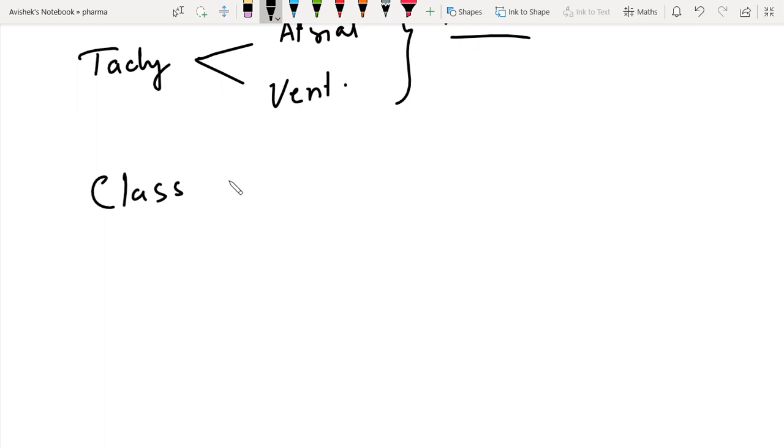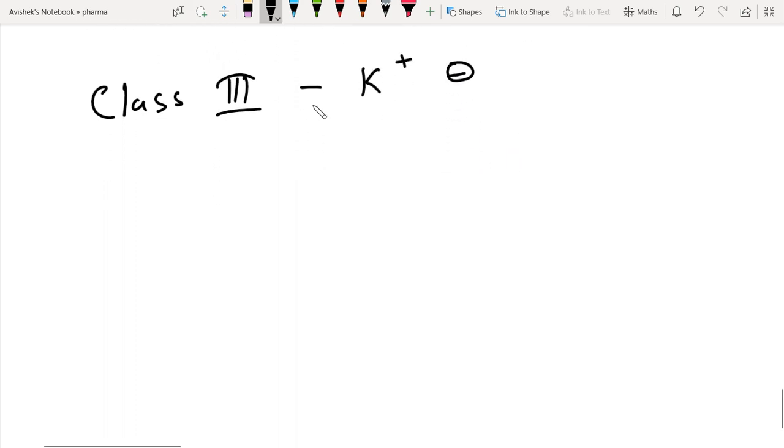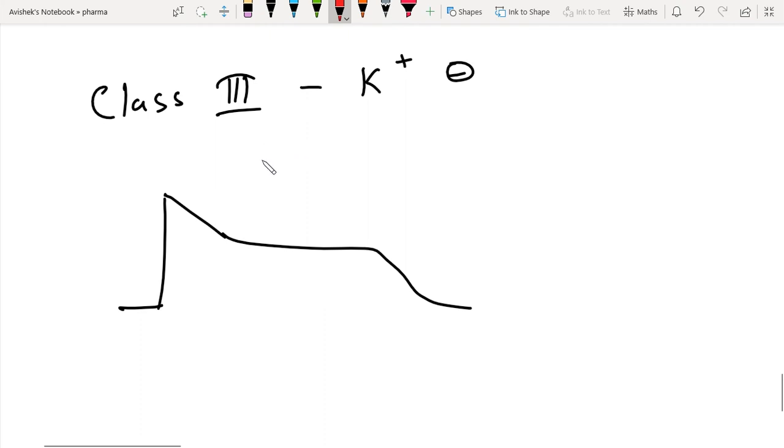Now let's go to class 3. Class 3 we have potassium blockers. What will potassium blockers do? Here phase 0, sodium is working.